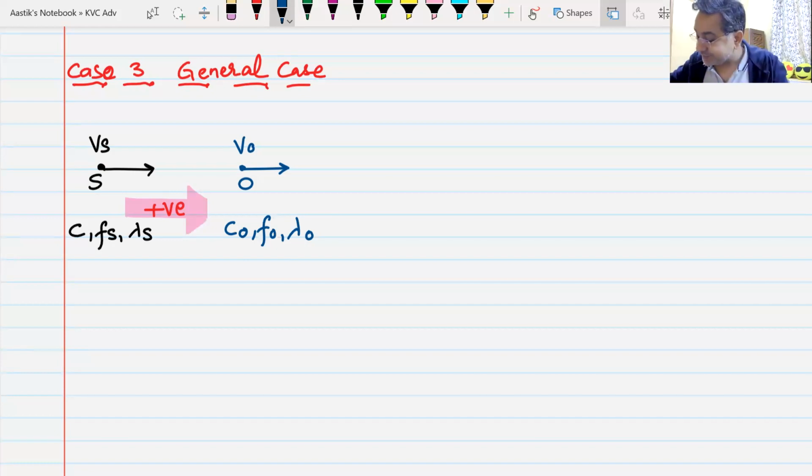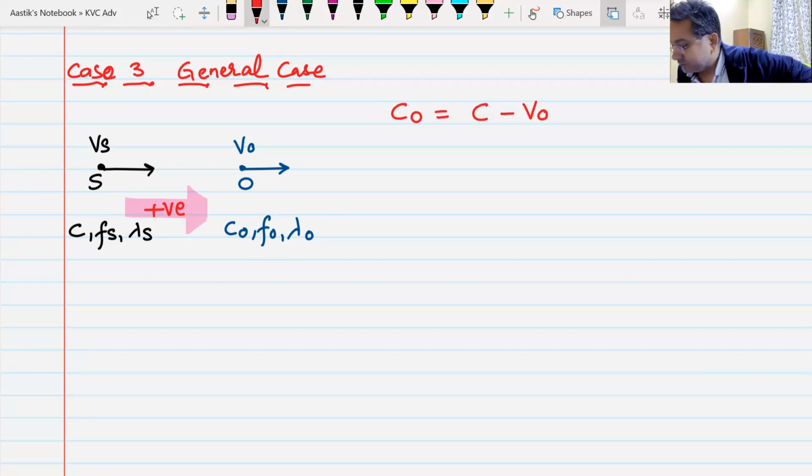The first formula is: C naught will be C minus V naught. Do we understand how I got this formula? Yes, sir. Do we understand how this formula is working out?